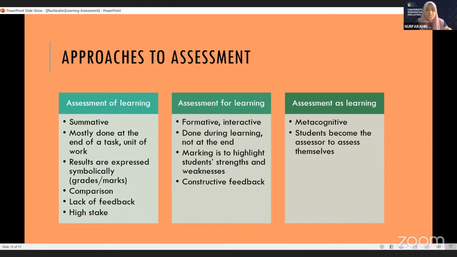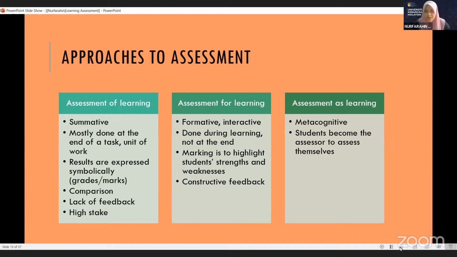So here the teachers teach the students how to review themselves, how to become critical about their progress, and to become very aware of their own learning, whether they have achieved the learning outcomes or not, or whether they should be working harder on certain aspects of the topic. So assessment as learning highlights more on the students, okay?